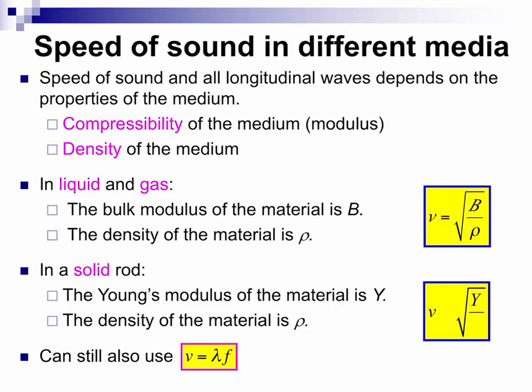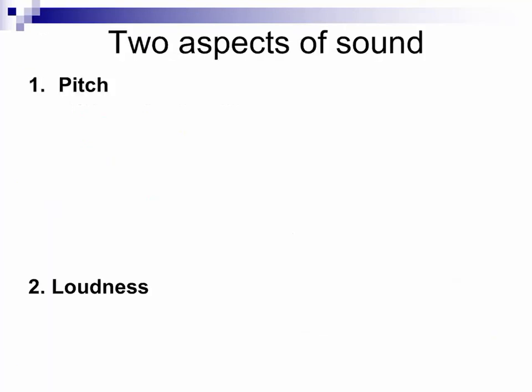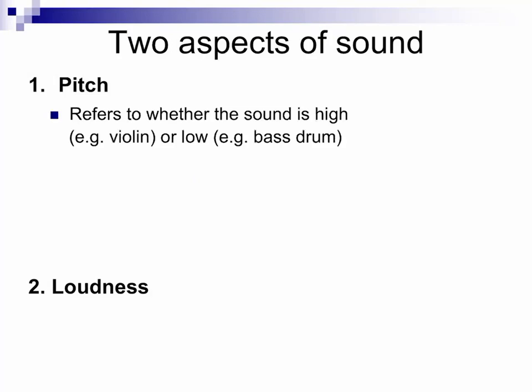For sound waves, there are two aspects. We can describe them in terms of their pitch and their loudness. Pitch refers to whether the sound is a high or low pitched sound.